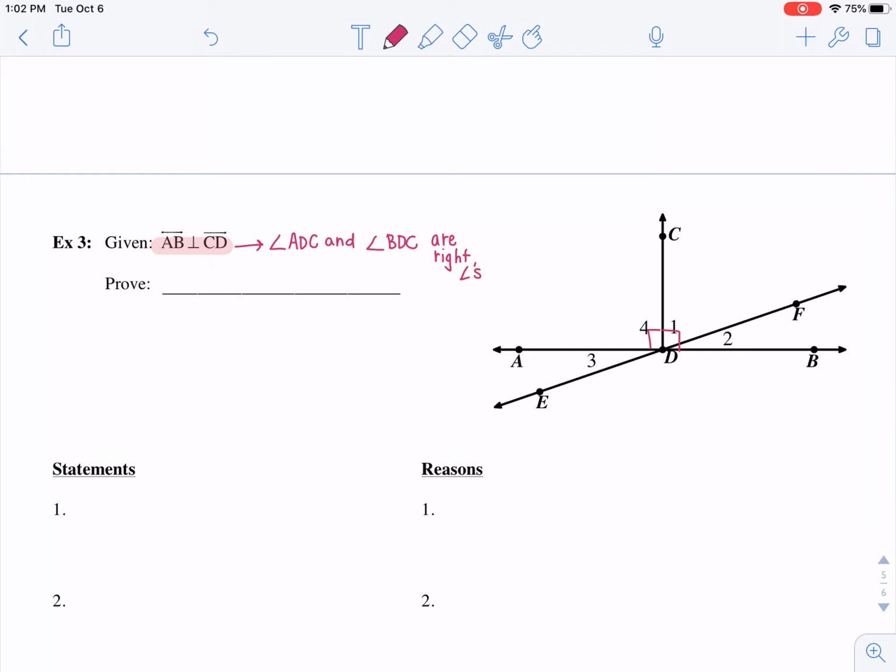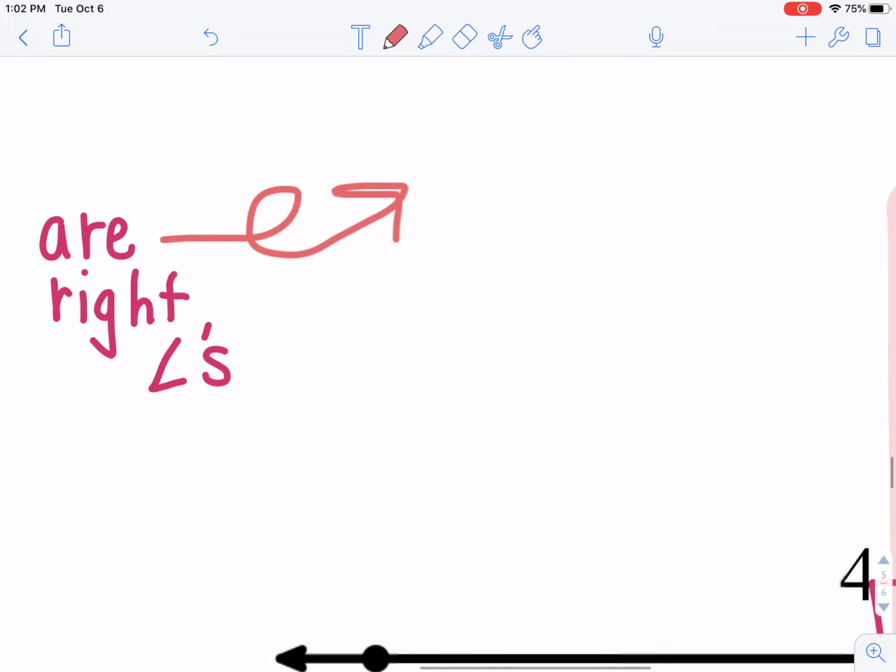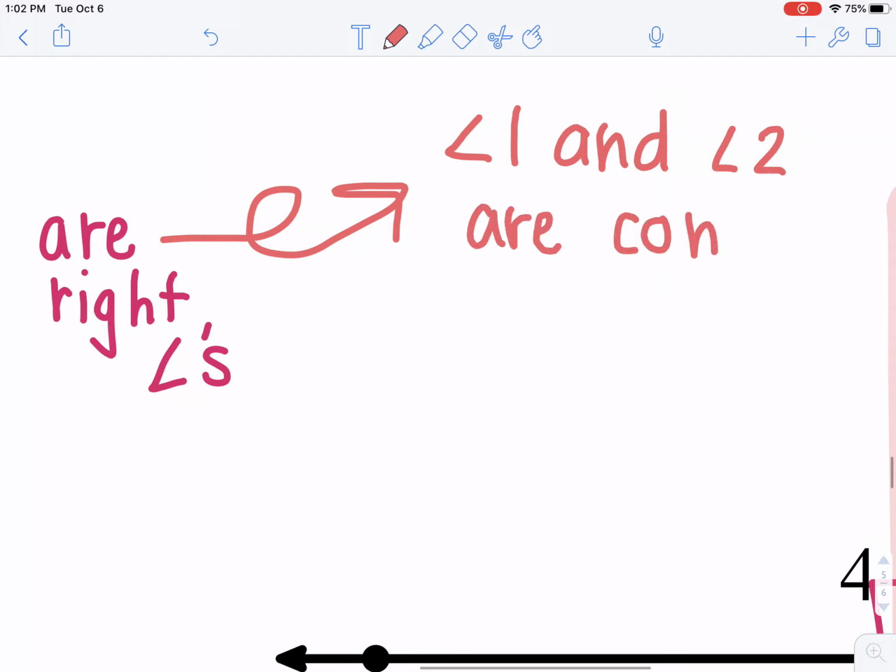Now, if we look, this also gives me some sort of piece of information about the angles that are made up of here. This tells me that angle 1 and angle 2 are complementary. So we can say angle 1 and angle 2 are complementary.